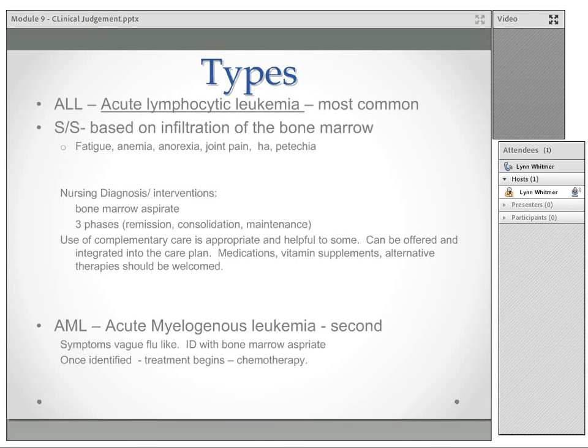They're not the be-all end-all, but physicians have been aware of these and are embracing using this type of therapy in addition to the usual therapy that is used, the chemotherapy and the radiation.